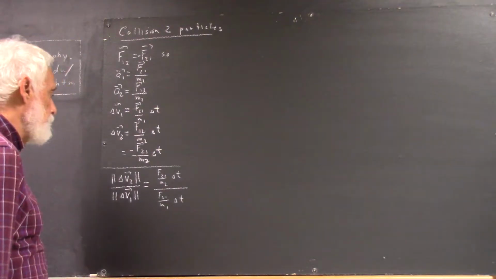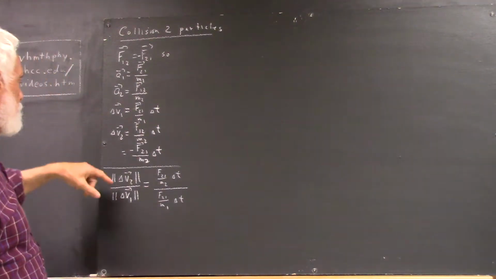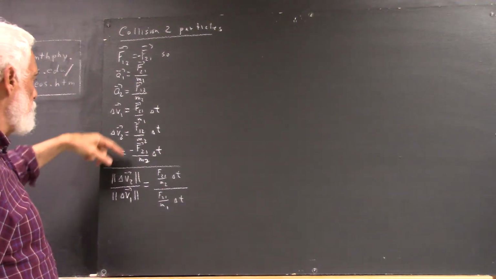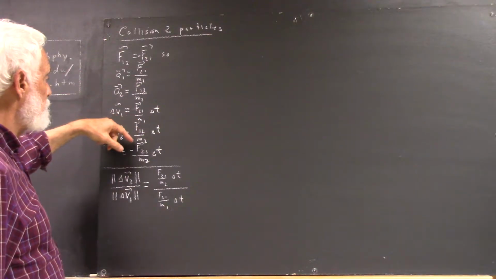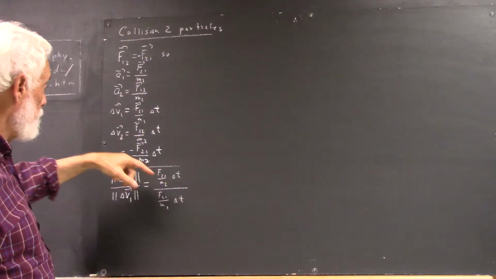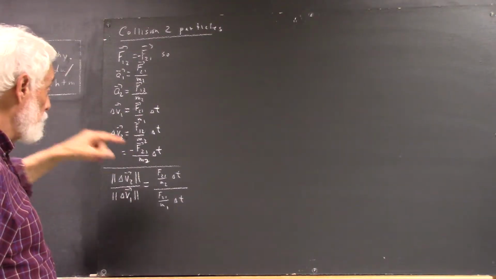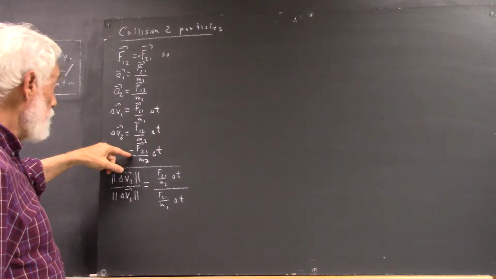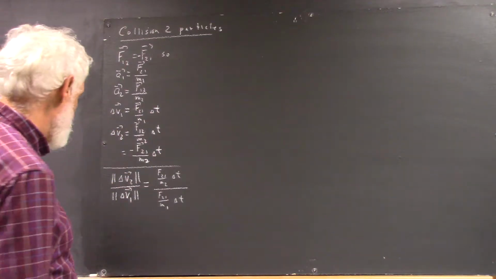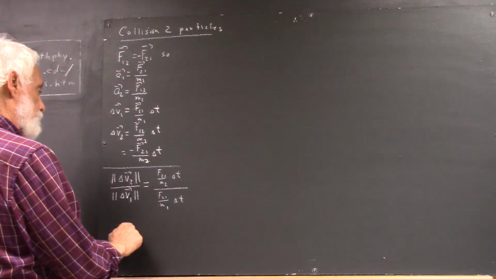Actually, your magnitude of delta v2 would be F12 over m2 times delta t, but since F12 has the same magnitude as F21, we can write it like this, and that's really pretty obvious, I think.